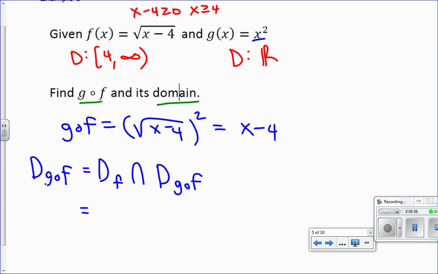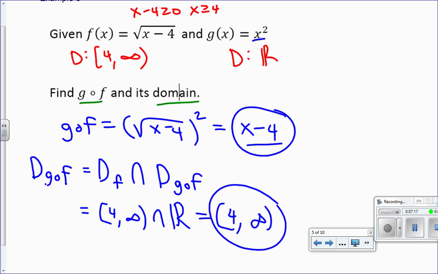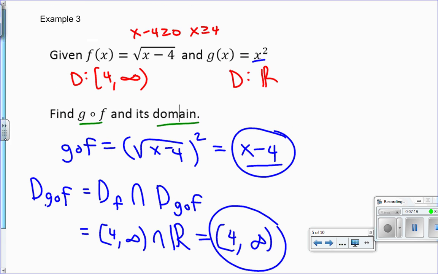We already did f. F is going to be all numbers 4 to infinity, and let's intersect that with the domain of the given function, which is all real numbers. So notice the domain is going to be all numbers 4 to infinity. Even though our composition has a domain of all real numbers, we have to keep in mind that we're plugging numbers into f first.